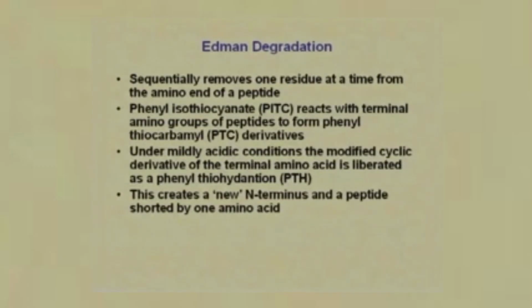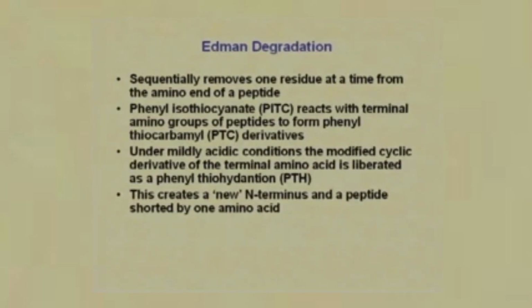Once this is chopped off, it creates a new N terminus, and the peptide is already shortened by one amino acid. So you can keep on doing that till you've identified all the amino acids, and you know the exact sequence of the polypeptide chain. That is what is important here.